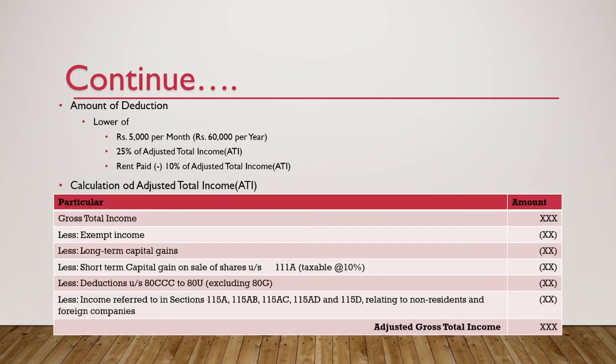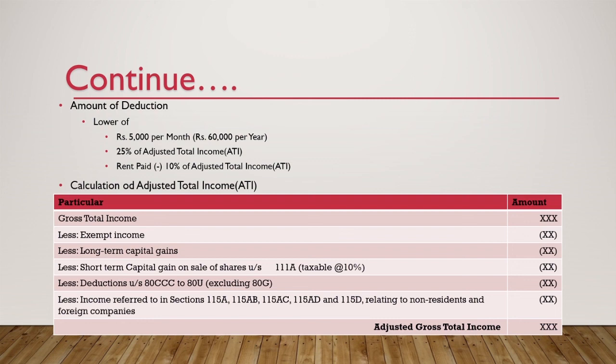Adjusted total income means gross total income minus exempt income minus long-term capital gains minus short-term capital gain on sale of shares under section 111A, that is taxable at the rate of 10%, minus deduction under sections 80CCC to 80U excluding section 80G, minus income referred to in sections 115A, 115AB, 115AC, 115AD, and 115D relating to non-residents and foreign company.